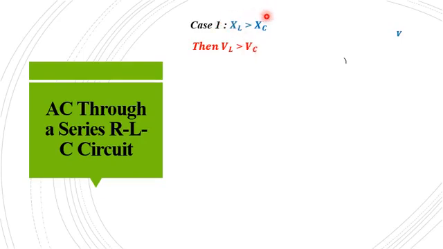Since the current is the same, when XL is greater than Xc, VL will be greater than Vc.